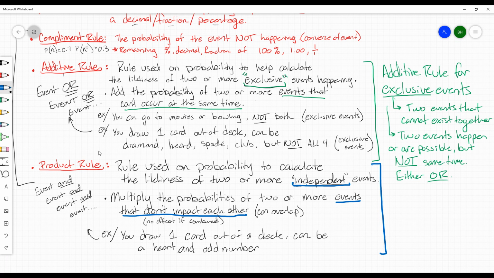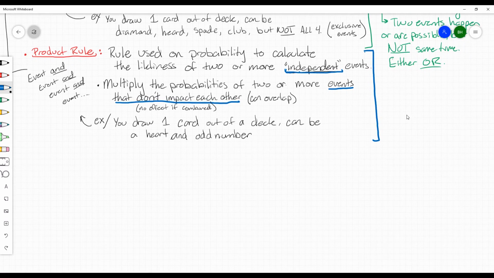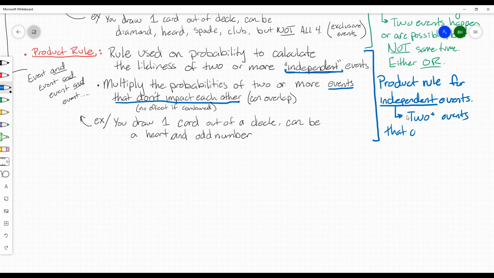The product rule, on the other hand, is a little bit different. Here, the product rule is used for independent events. And I added this word independent to help us think about this because with independent events, these are 2 or more, 2 plus events that don't affect each other.